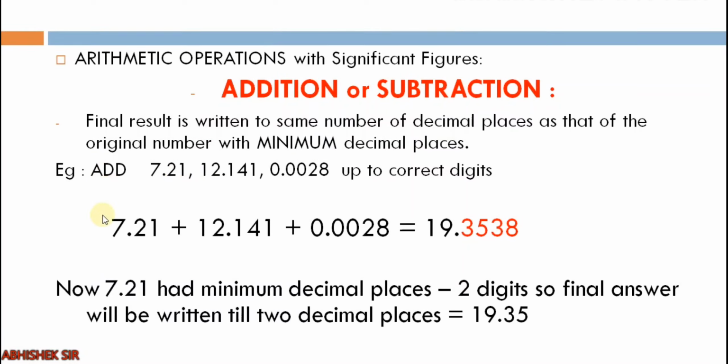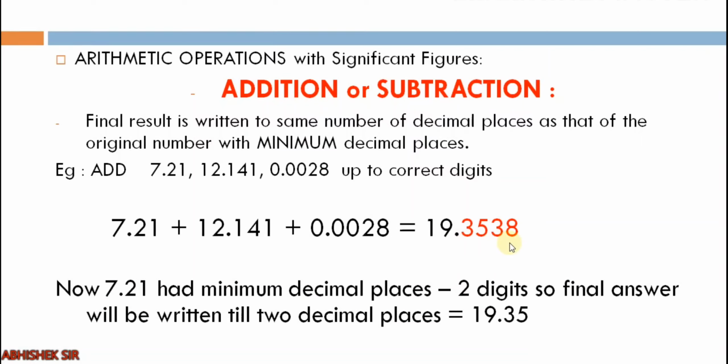So now we do the addition: 7.21 plus 12.141 plus 0.0028. The answer is 19.3538, right? The exact measurement is this one. But as per the rule, we will only write the minimum decimal places. Minimum decimal places is in 7.21, that was 2. So now we have to write only two decimal places.